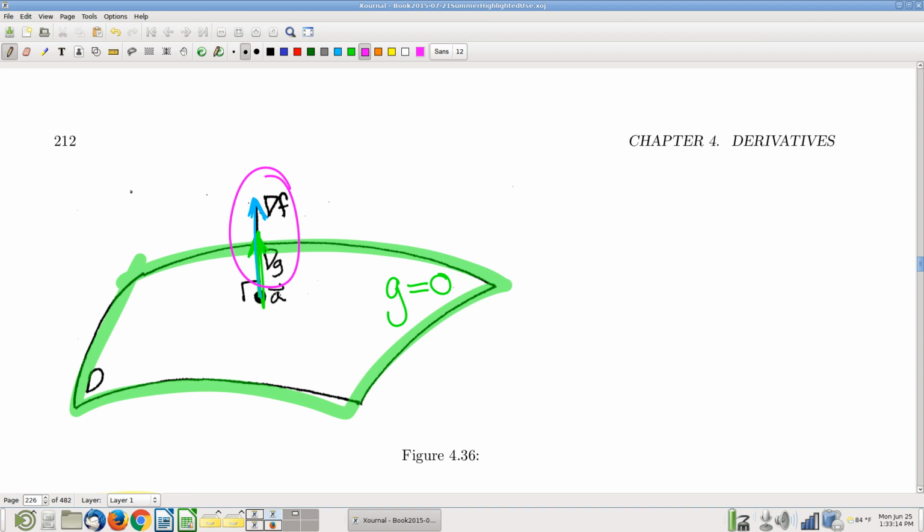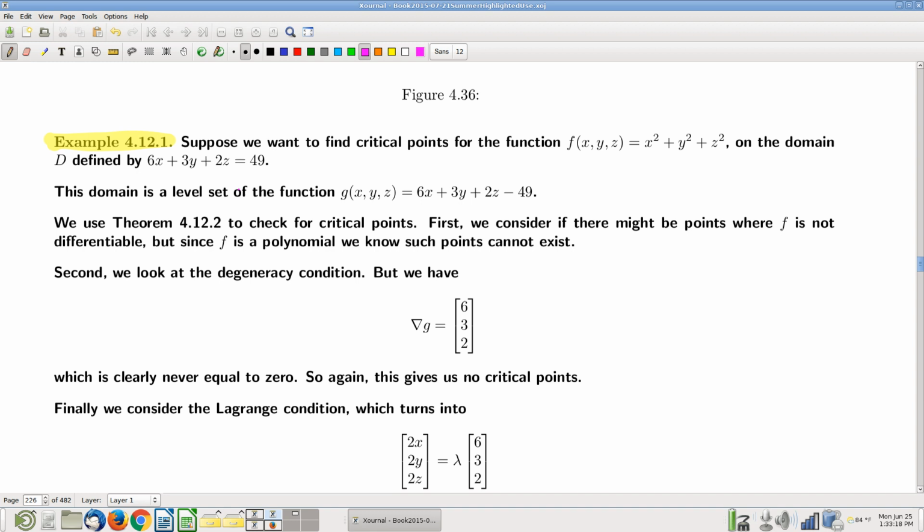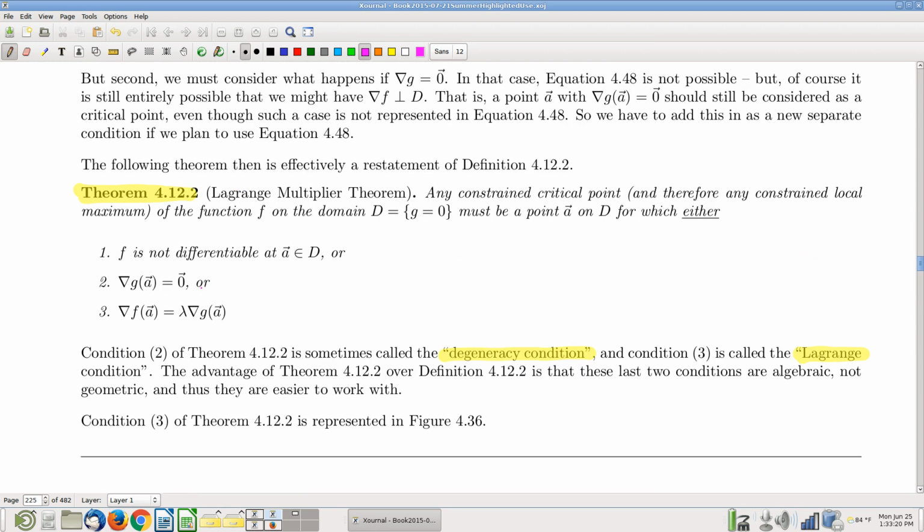Therefore, we need the gradient of f and the gradient of g to point in the same direction. And that's called the Lagrange condition of this Lagrange multiplier theorem, they call it. So I think Professor Mello talked about this at least a little bit.